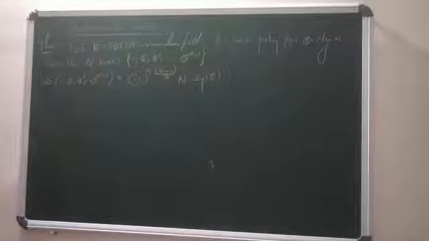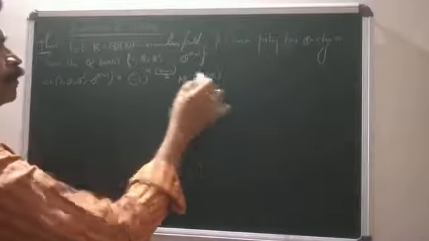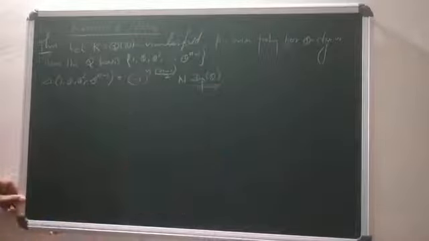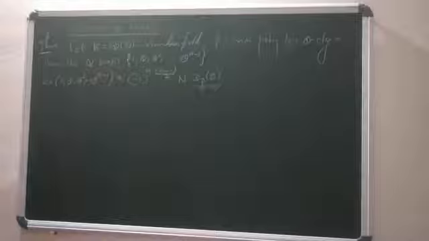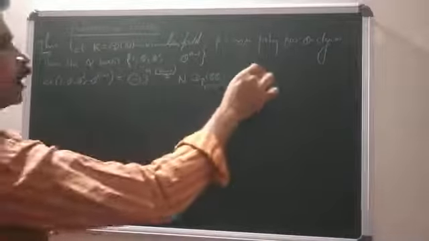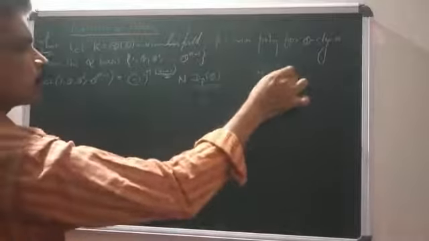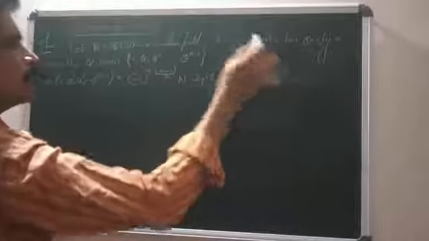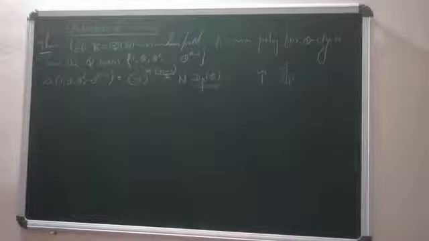What is dP? This is a new term. dP is nothing but the formal derivative of P, that is, d by dt of P. So dP is the formal derivative of P.